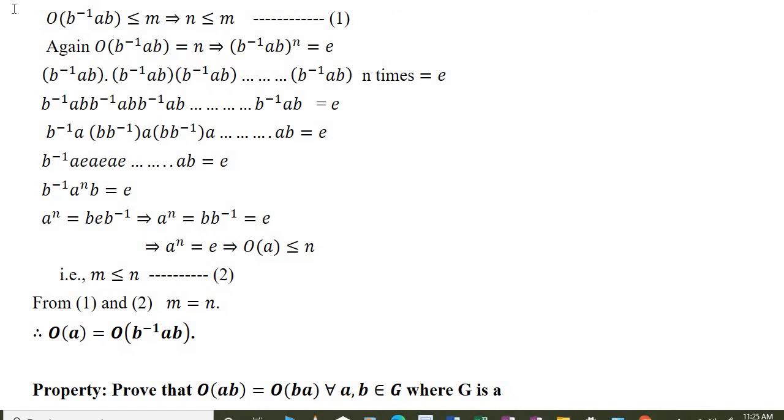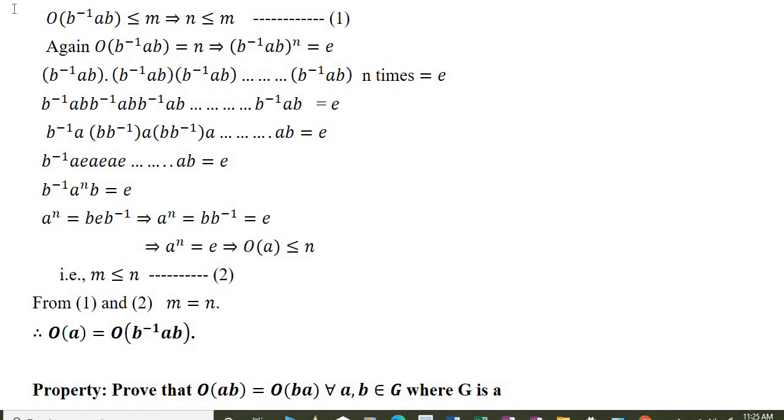Again, order of B inverse AB equals N means N is the least positive integer such that (B inverse AB) whole power N equals E. Here N is there, that's why we are going to multiply B inverse AB N times.